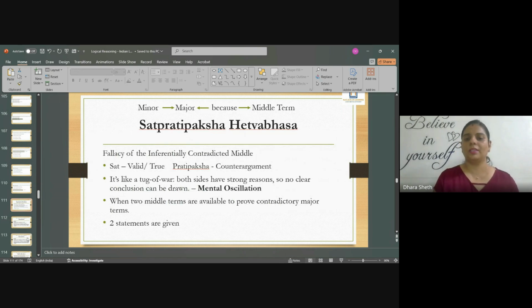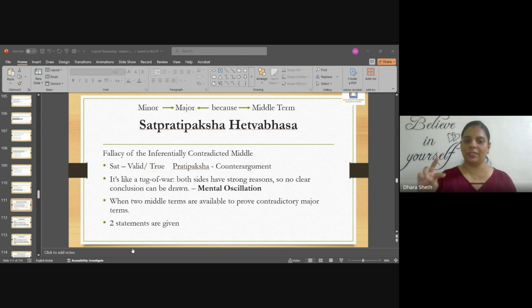Satpratipaksha Hetvabhasa. Now the next three Hetvabhasas have no types. They are all one each. Sat in Satpratipaksha is true, and pratipaksha is counter argument. So the counter argument is true or valid.